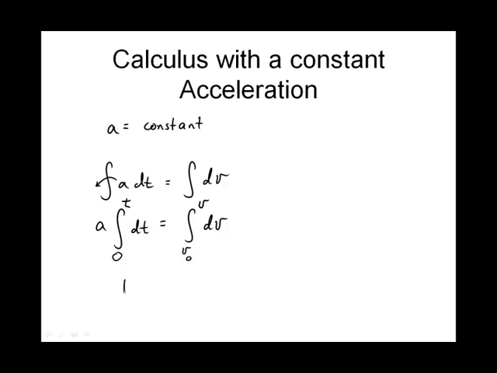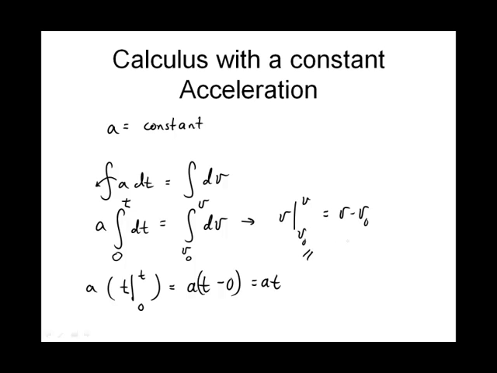But the integral of dt is just t, evaluated from 0 to t. Don't forget the a. But this is just a times t minus 0, which is just at. Up here, this is just v, evaluated from v naught to v. But that's just v minus v naught. And these are equal. So v minus v naught equals at.